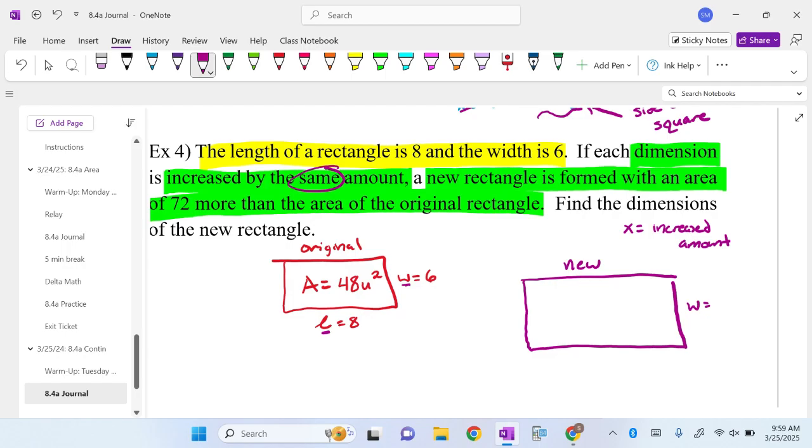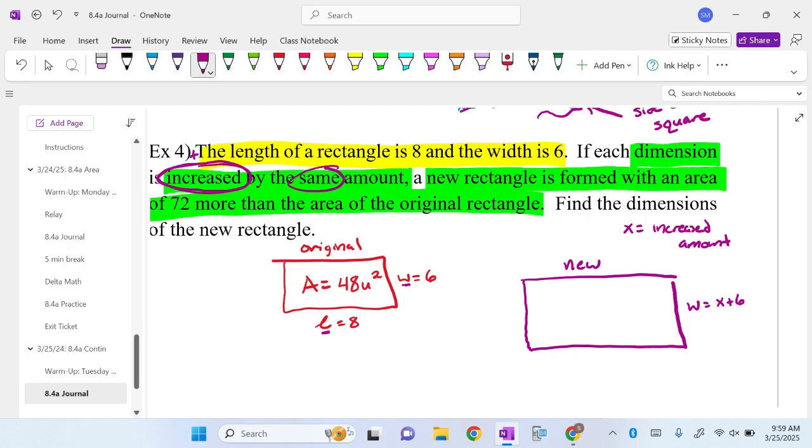If I increase the original width by x units, what would that new expression be? Well, we're not solving it just yet. How would I write that expression? Right, x plus 6. Increased just means addition. So if you say increase, that just means addition. So the width would now be x plus 6.